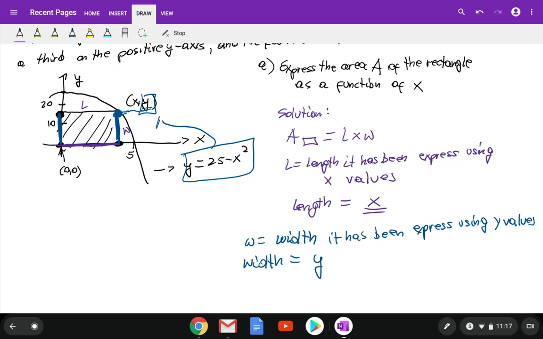So what we're going to do is replace y from a point, and I'm going to label that point so we all know what we're talking about, let's say point B. From point B, with the given equation.